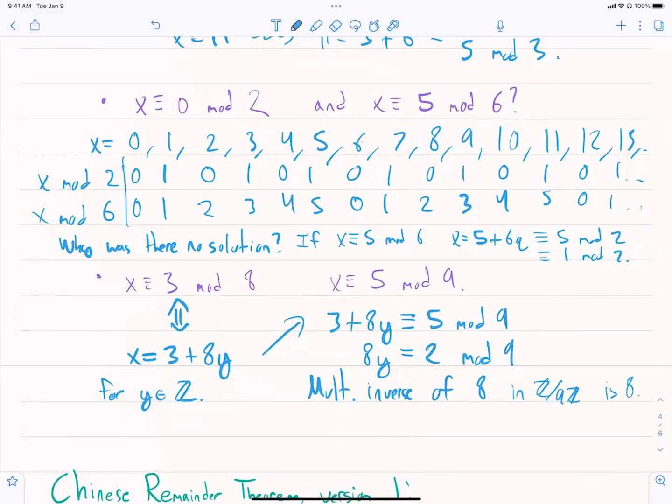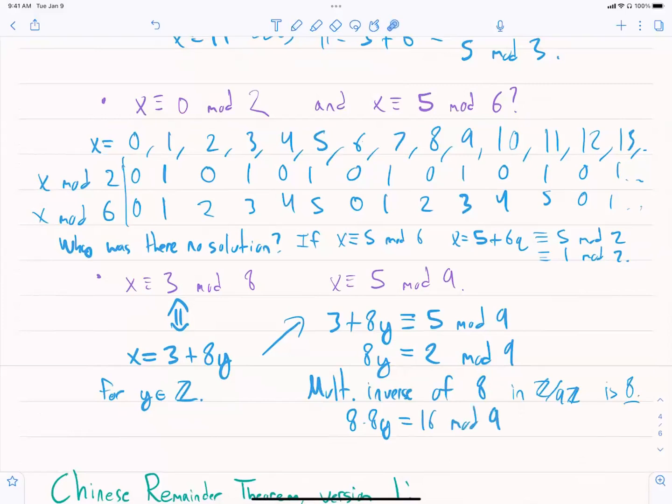How you can see that is, 8 is congruent to -1 mod 9, and -1 squared is 1. So -1 is its own inverse, so 8 is its own inverse. So I just multiply both sides by 1/8, which mod 9 is 8. So I get 8 times 8y is congruent to 16 mod 9.